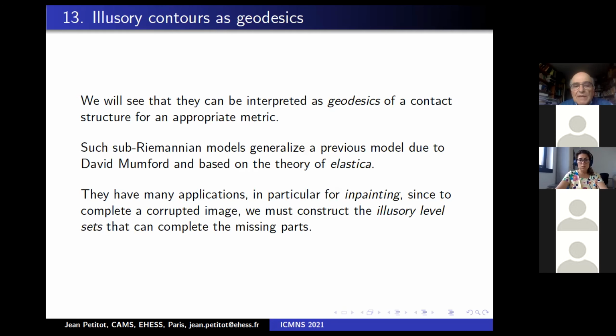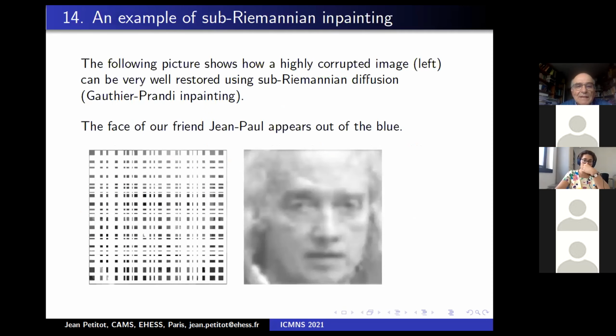And they have many applications, in particular for inpainting, since to complete a corrupted image, we must construct the illusory level sets that can complete the missing parts. And the following picture shows how a highly corrupted image at the left can be very well restored using sub-Riemannian diffusion. It is Gautier Prandtl's painting, and the face of our friend Jean-Paul appears out of the blue.